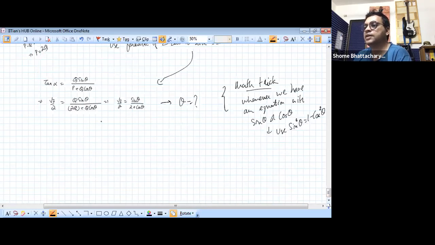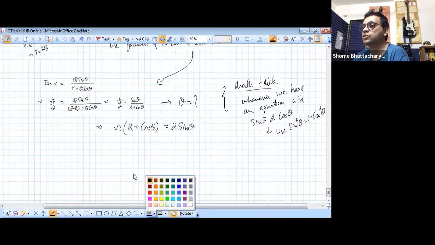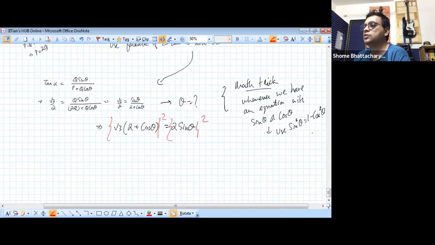Cross multiply both sides. That gives us root 3 times (2 plus cos theta) is equal to 2 sin theta. Next, square both sides of the equation so that you can make use of this relation on the right hand side.